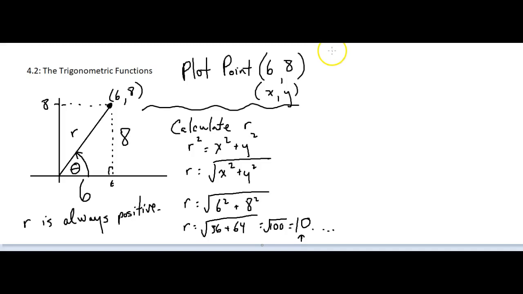So let's write out the 6 trig functions that are determined by this point 6, 8. So sine theta is y over r. So we take our y value, which in this case is 8, put it over our r value, which is 10, and we have our sine theta, which is, if we change it to a decimal, 0.8.